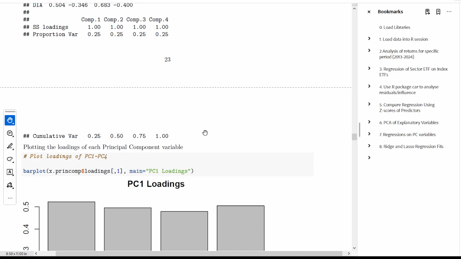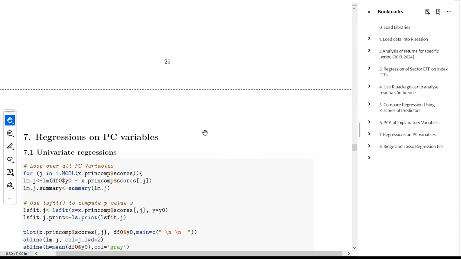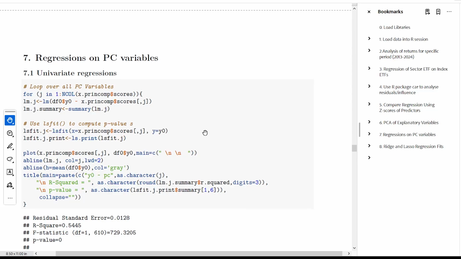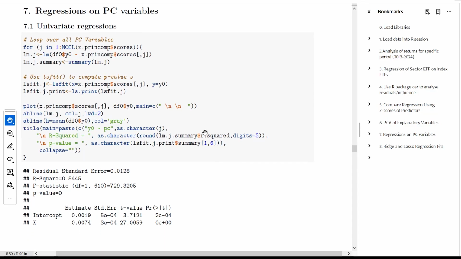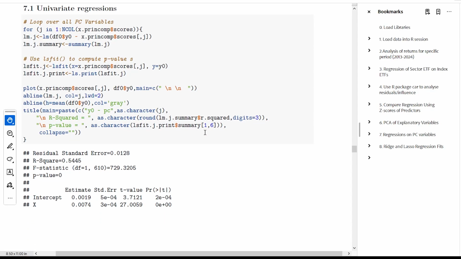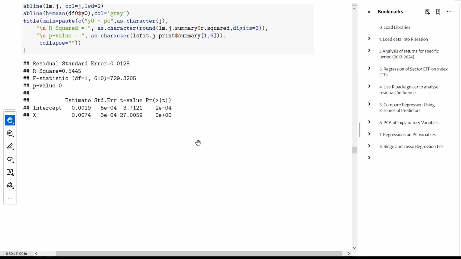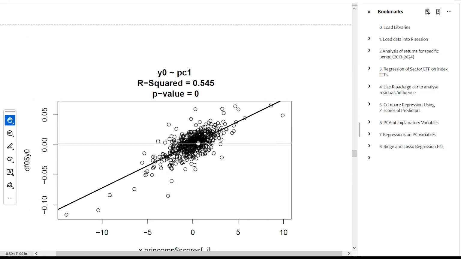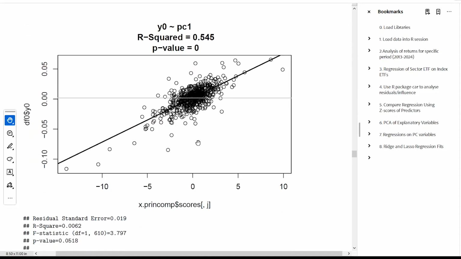Now, in looking at the regression on the PC variables, each of these principal component variables is orthogonal to the others.